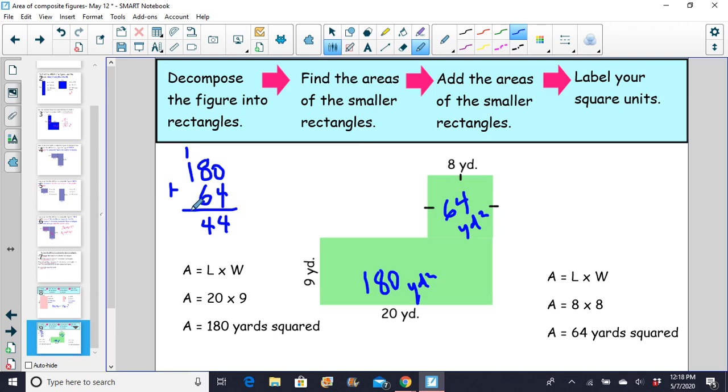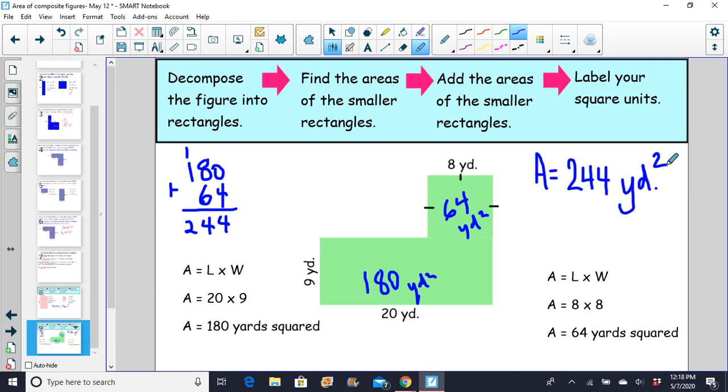Regroup a 1, 1 plus 1 is 2. So our final combined area of this composite figure, A equals 244 yards squared. I'm just going to put YD with a little 2 up on the top to show squared.